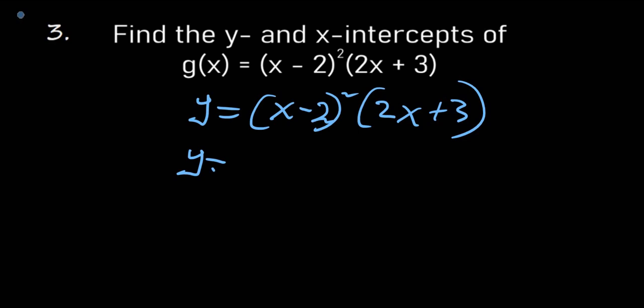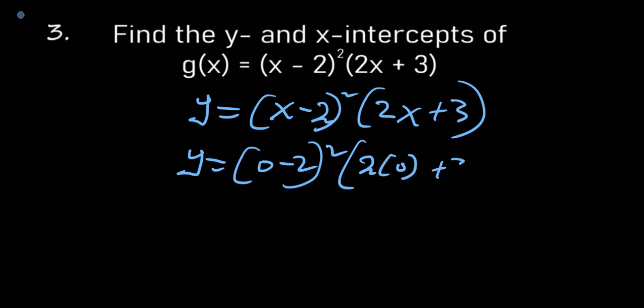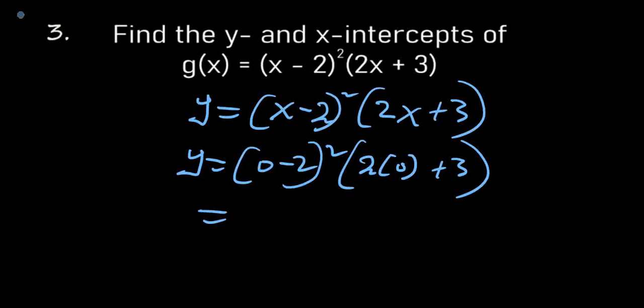So y will be equal to (0 - 2)^2 times (2 times 0 + 3), and this will become 0 minus 2 is negative 2, so we have negative 2 squared, 2 times 0 is 0, and then 0 plus 3 is 3.